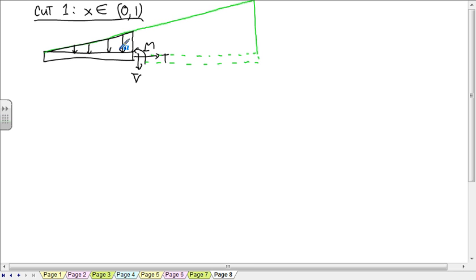The thing that's sort of tricky about this is now we don't know what the height of this is, right? We know what the height is over here, but that's not acting on this piece. So we're going to have to use the equation for this line to figure out what the height is at x meters out from the left end.